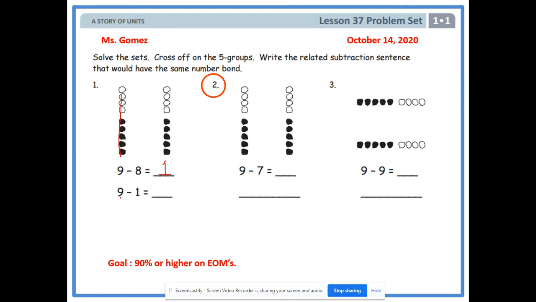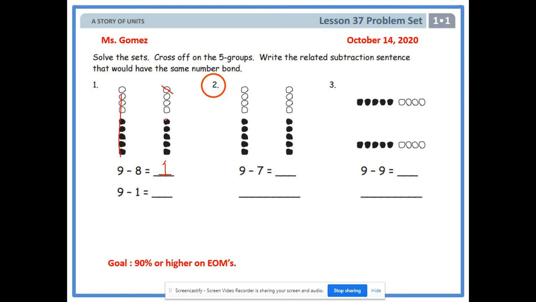Next one, 9. So they already drew the total for us. Next step, we cross off part given. What is a part given on this subtraction sentence? Get ready. 1. So let's go ahead and cross off 1. Then we count and write what's left. So we know we already have 5. Let's count on from 5.